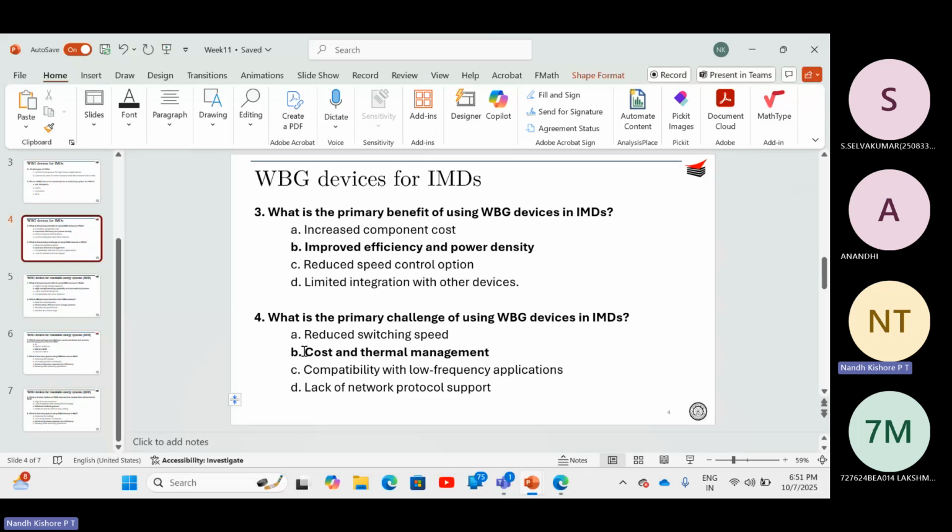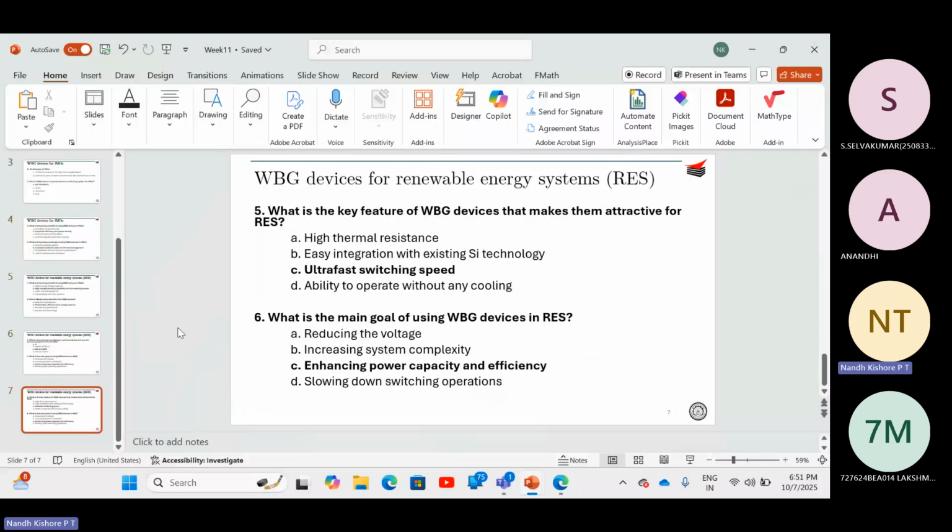So here the answer is increased material cost and thermal management. Same thing. Okay. Fine.